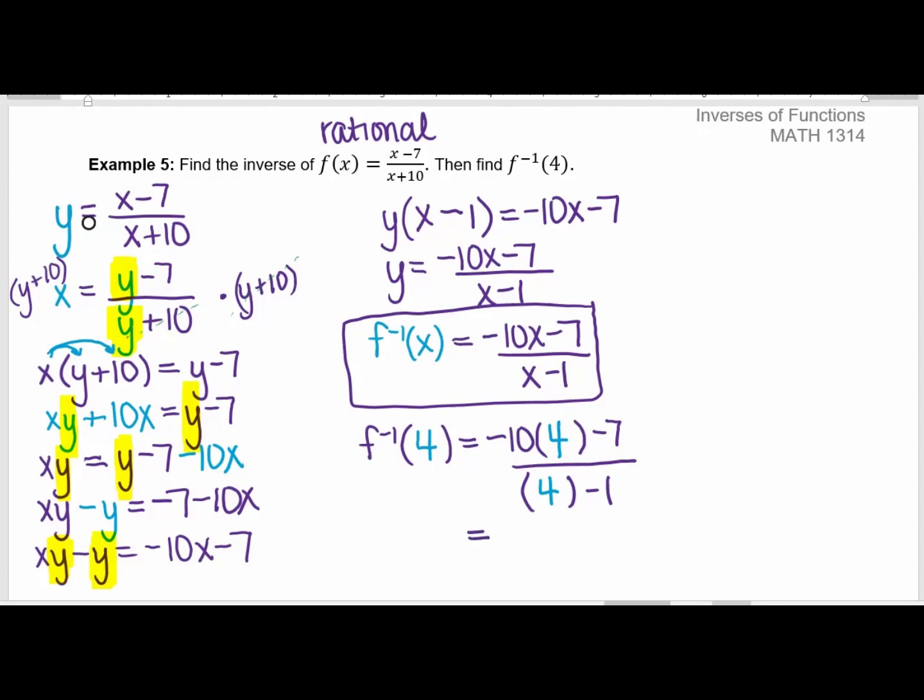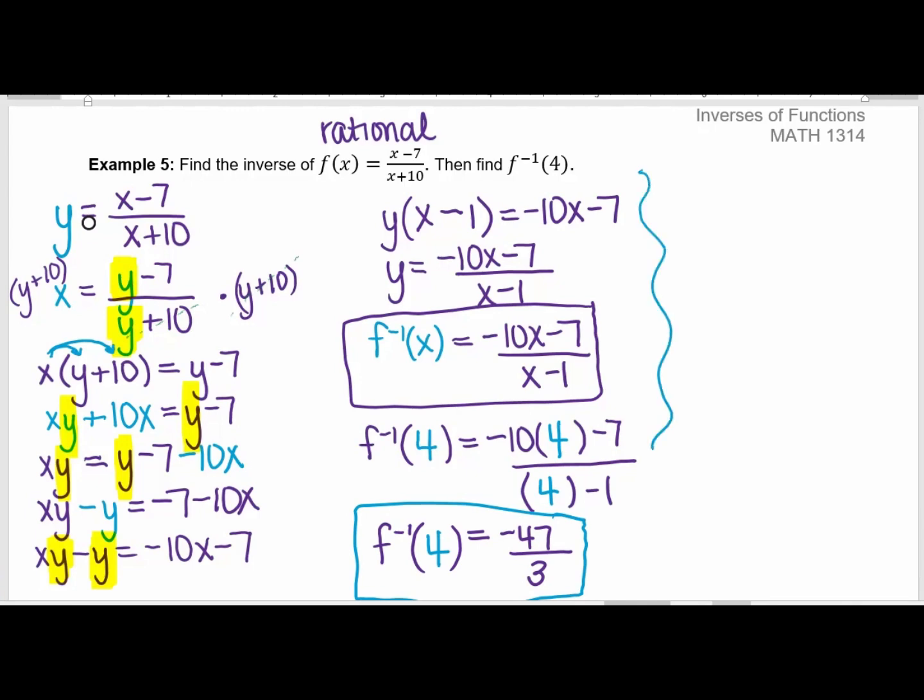Up top, doing the arithmetic, we should get negative 47. And in the bottom, we get 3. So we found that f inverse of 4 is equal to negative 47 all over 3. Okay? If they ask for the ordered pair, it would be 4, comma, negative 47 over 3.